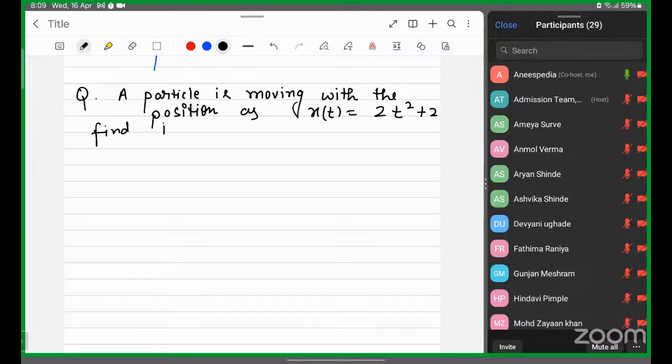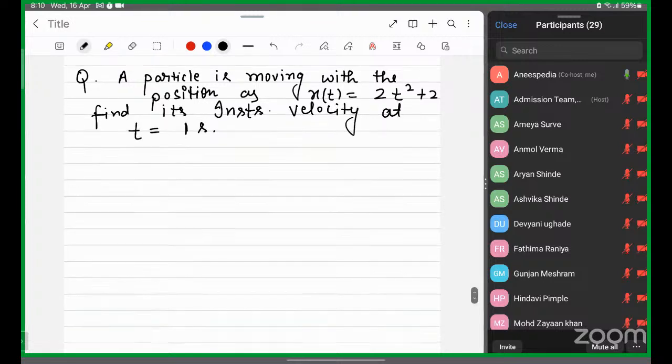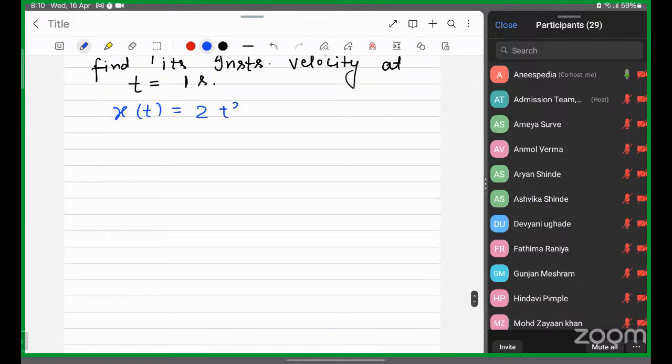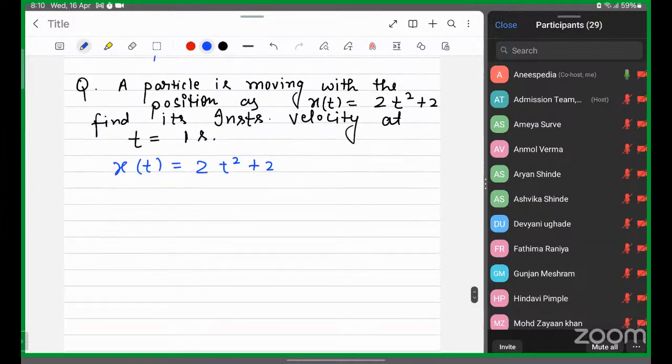Find its instantaneous velocity at t equals 1 second. So in this case, position as a function of time t is given to us, that is 2t square plus 2, and we have to find out instantaneous velocity.